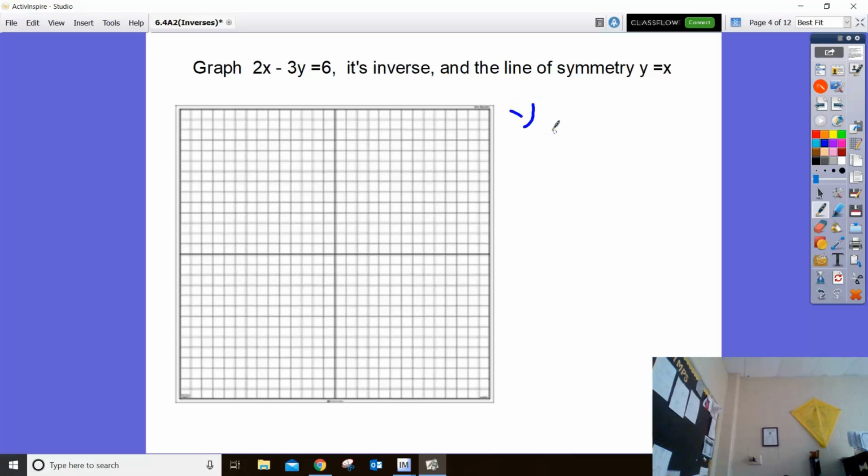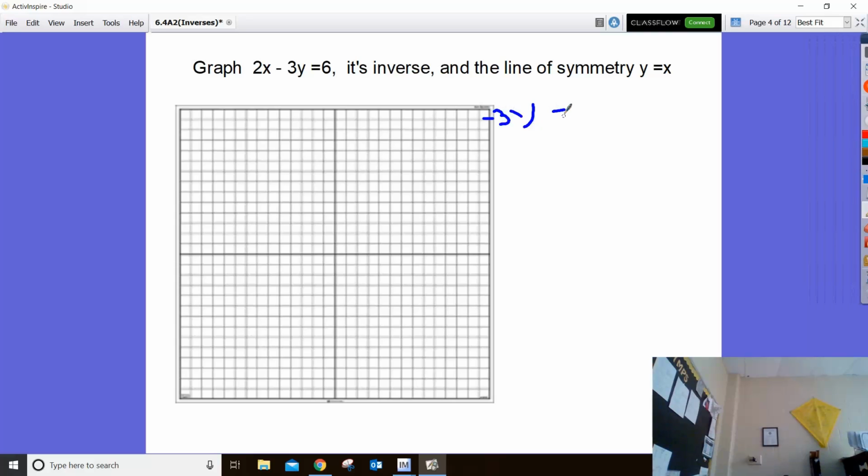Negative 3y equals negative 2x plus 6, divided by negative 3. Where's that thing cross the y-axis? Negative 2. And from negative 2, what do we do? Up 2 over 3.